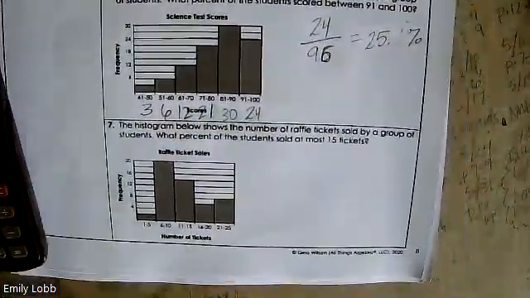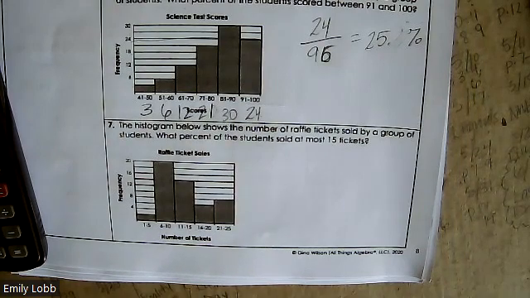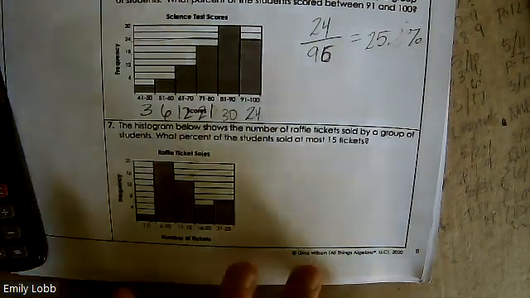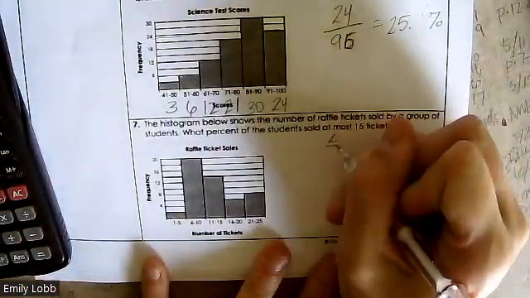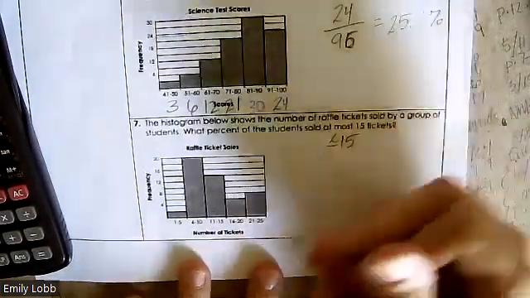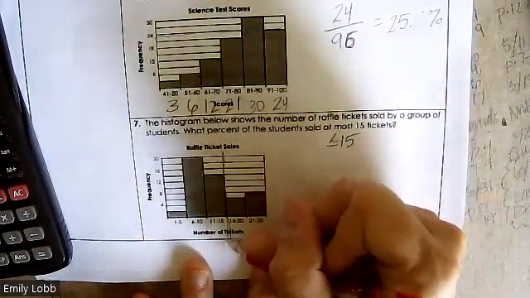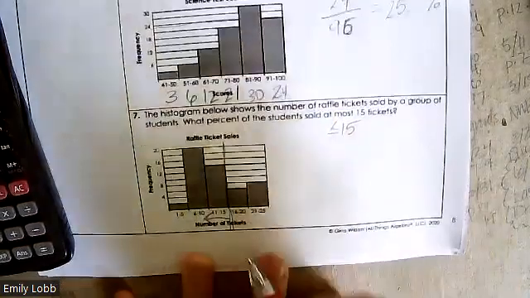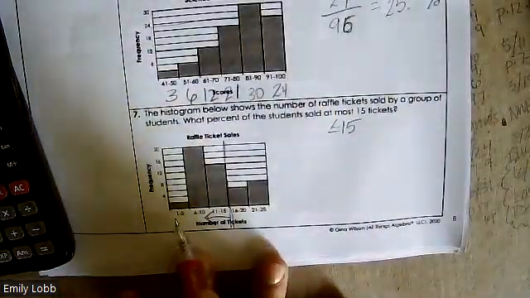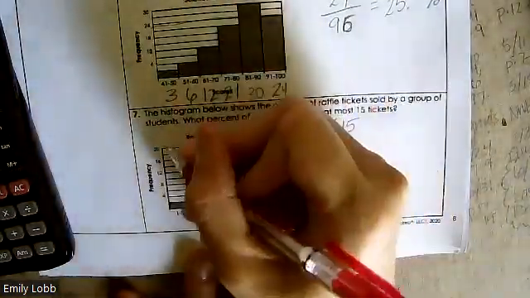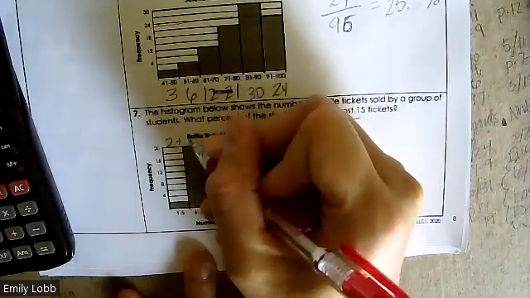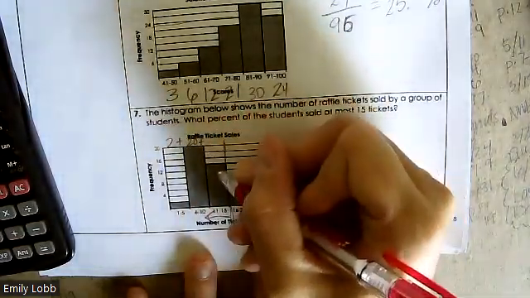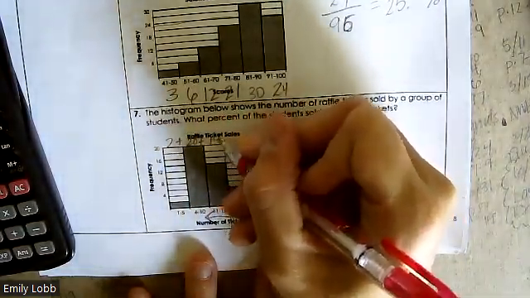All right. The histogram below shows the number of raffle tickets sold by a group of students. What percent of the students sold at most? So that means less than or equal to 15. So from here, this way. So here, there are 2 sold, plus 20, plus 14.